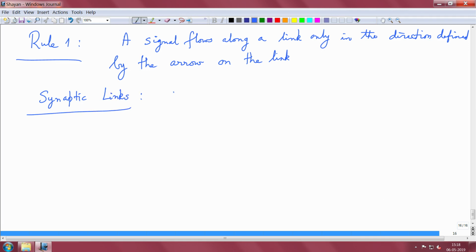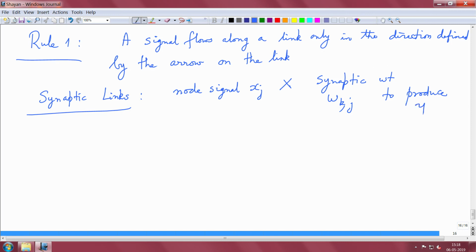Synaptic links: we have a node signal xj and this is scaled by a synaptic weight wkj, to produce yk. I have used k comma j; sometimes I may not put a comma, but it is implied that wkj is the synaptic weight that connects signal j to neuron k.